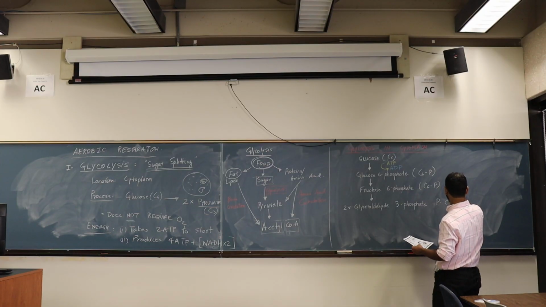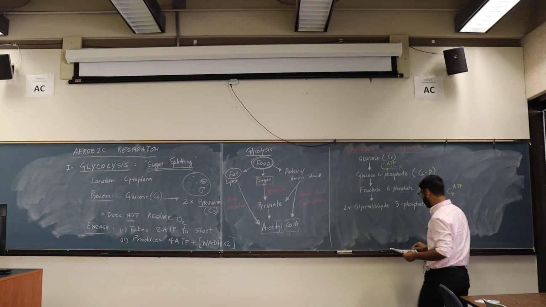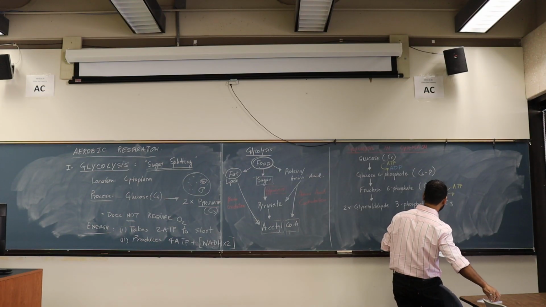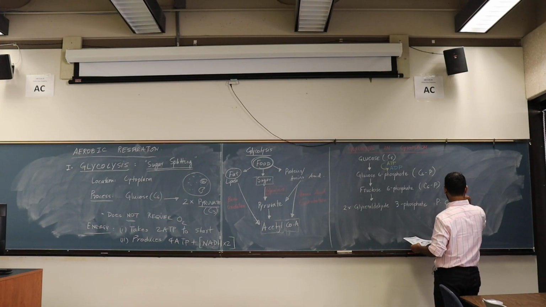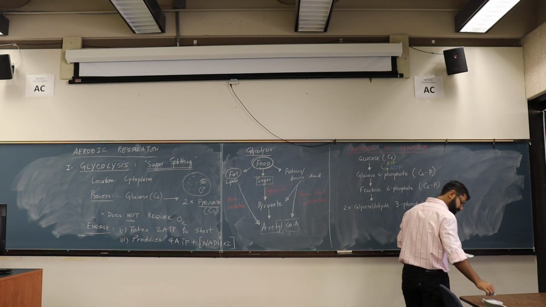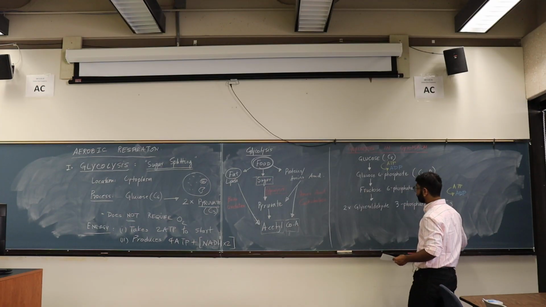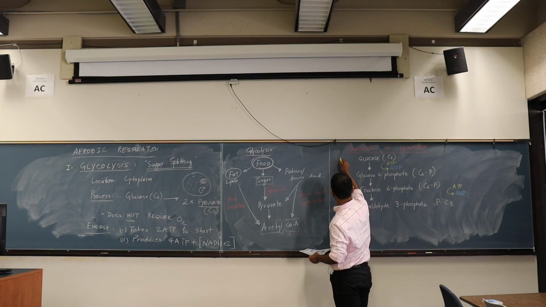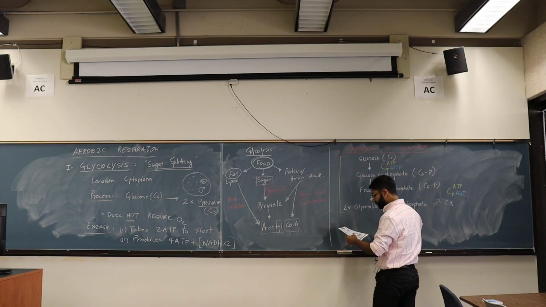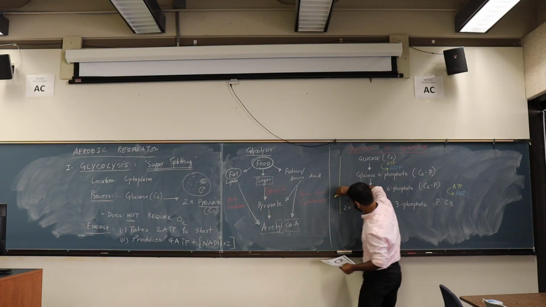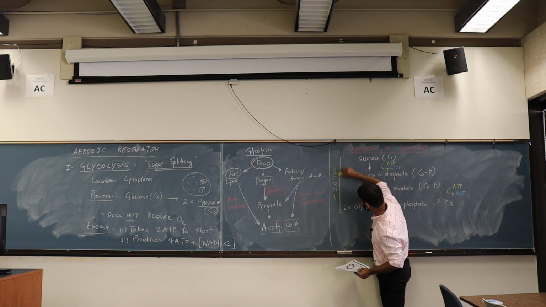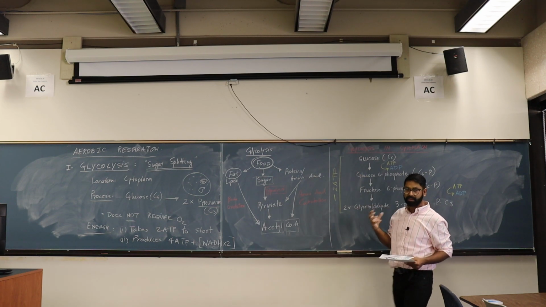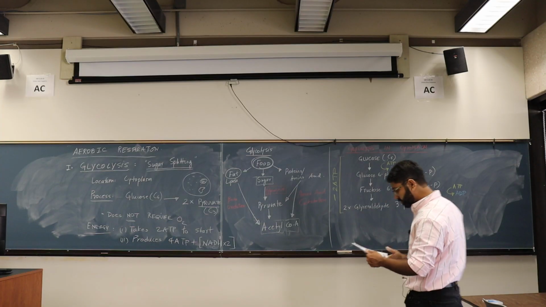Again, you can see an ATP gets converted to an ADP. In here, you get minus 2 ATP. This is the energy consuming part of the process.